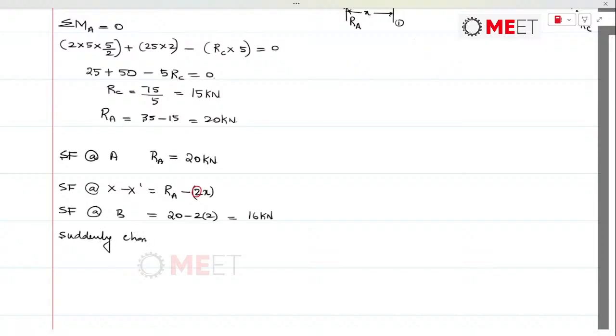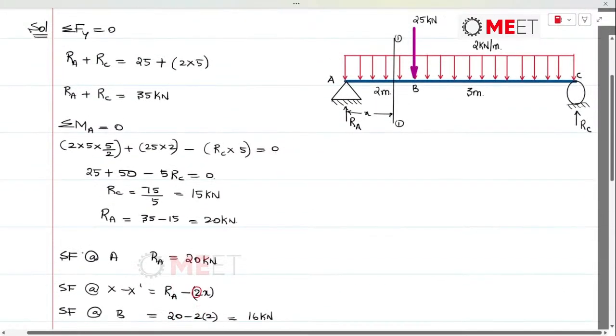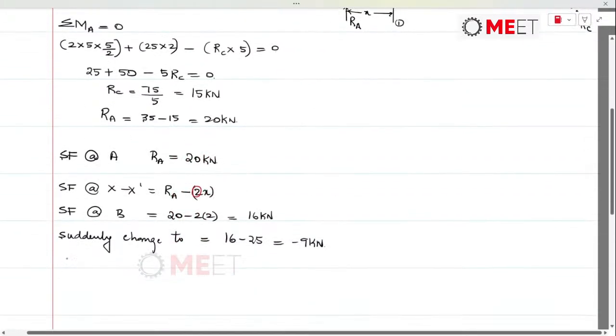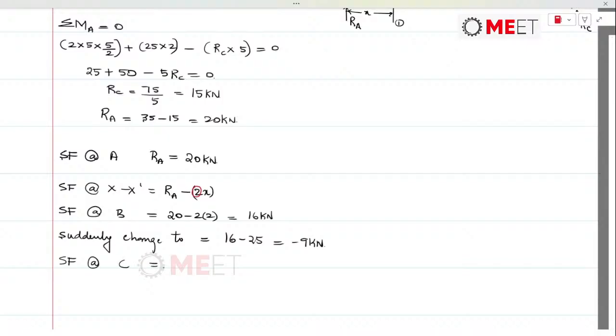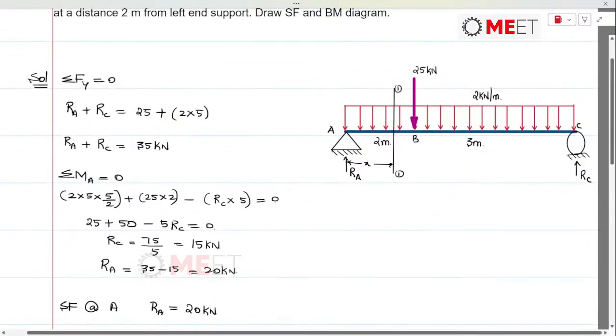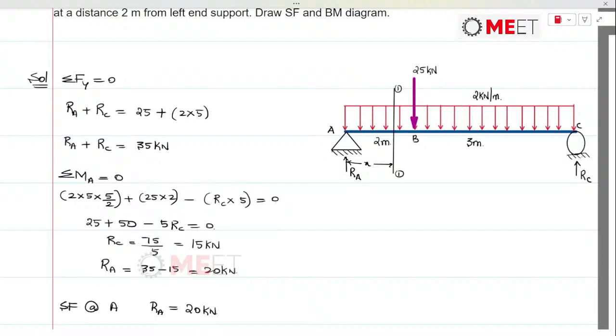Suddenly it changes to 16 minus 25, which is minus 9 kilonewtons. And now if we go for the computation of shear force at point C, shear force at C will be equal to, at B we have computed minus 9, so minus 9 minus the portion of UDL between the points B and C, that is 2 into 3 meters.